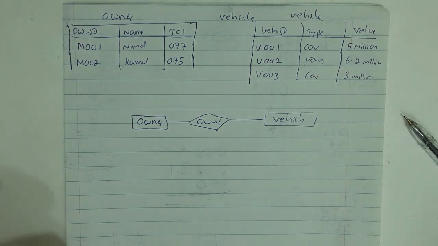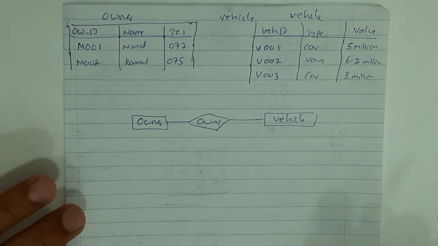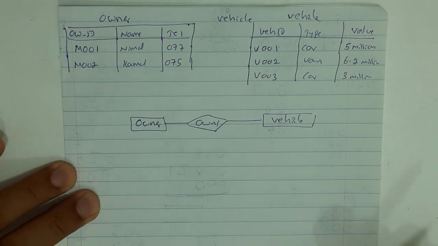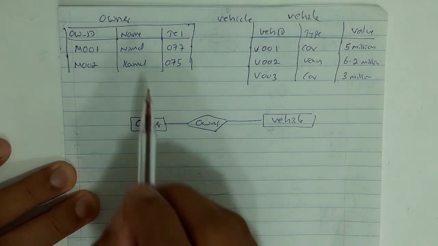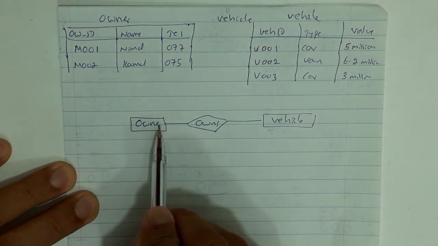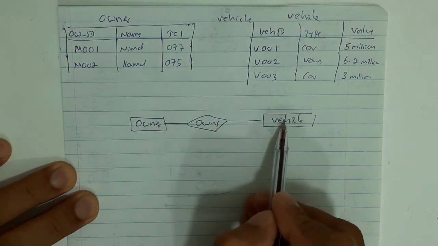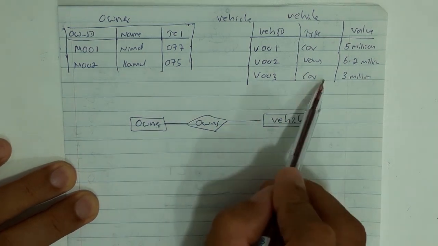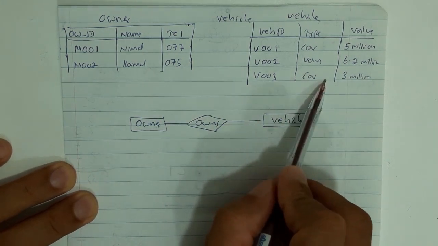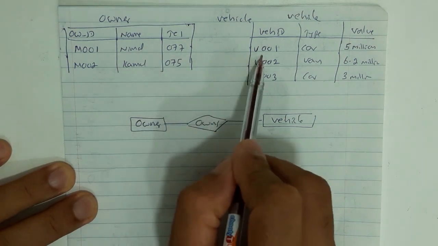Generally, the cardinality in our databases defines the association of the real world instances. As an example, we may consider owner owns vehicle. Two entities, two tables, owner as well as vehicle. Now the practical situation is a single vehicle.